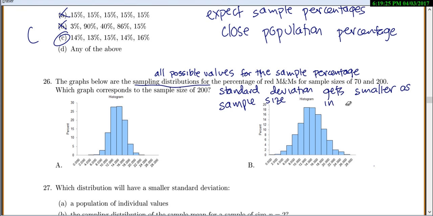Now when I say the standard deviation, I mean the standard deviation of all the possible values for the sample percentage, not the actual data. And so if your standard deviation gets smaller, you'd be expecting a skinnier graph. So small standard deviation means skinnier graph. So this one is skinnier, which would mean it must be the sample size of 200.